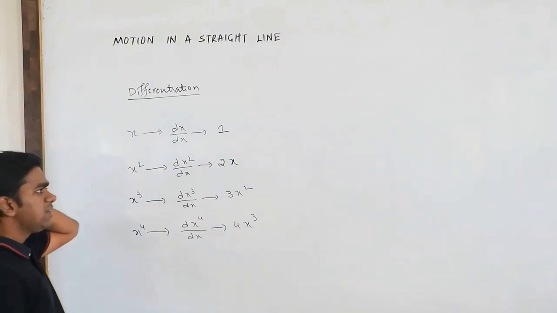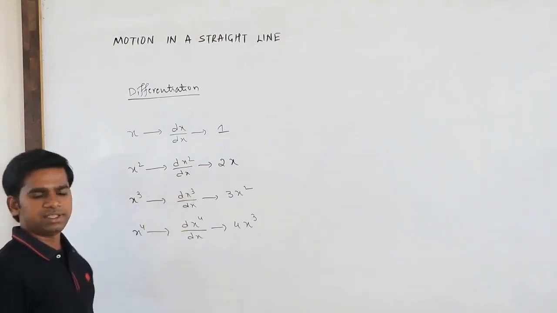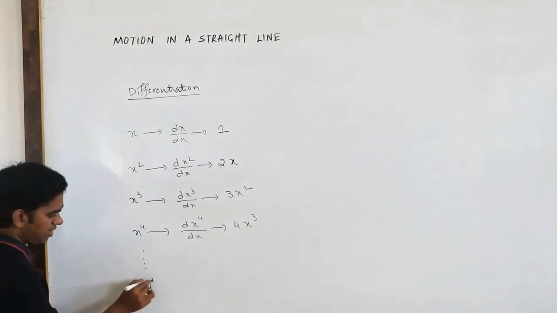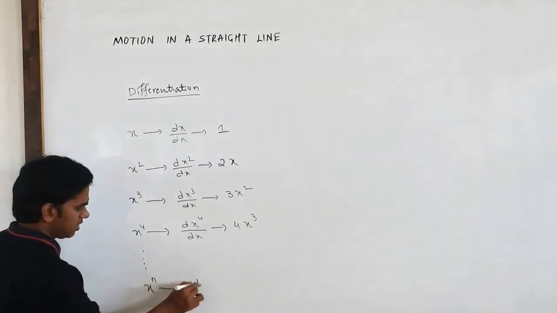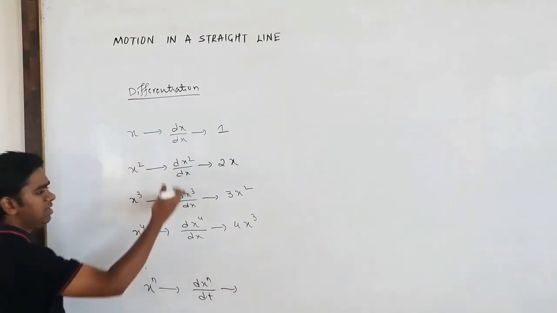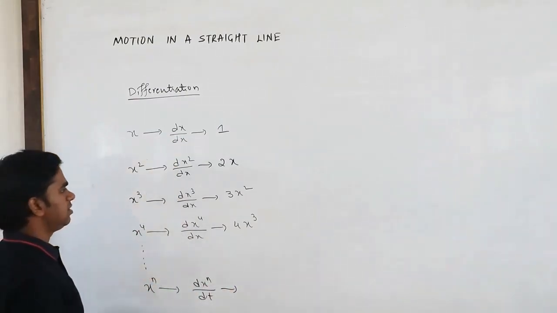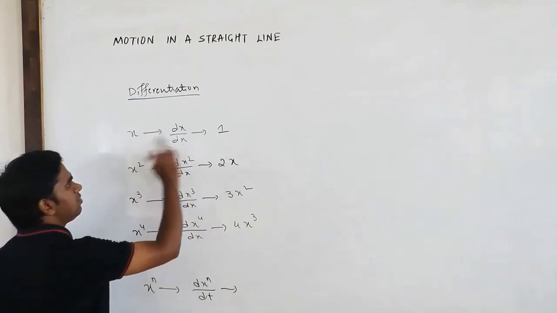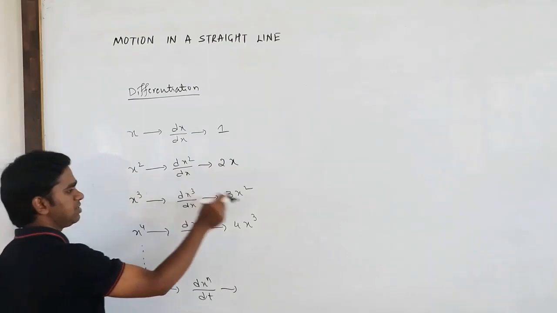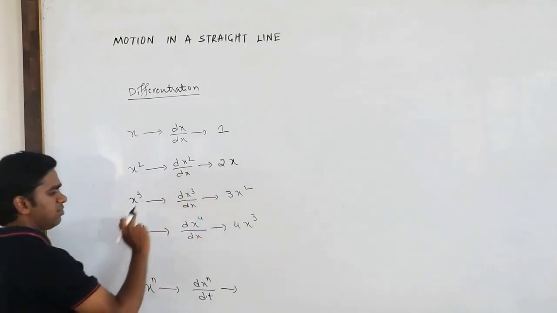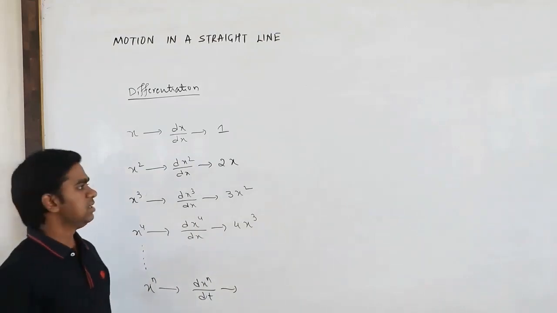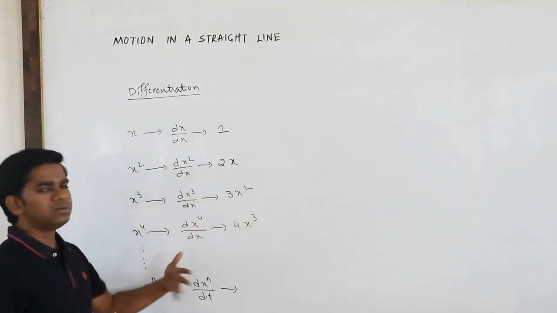What technique is going on here? I will give a general formula for this one. If I take differentiation of xn, d of xn divided by dx. No need to write this, I am just writing it to make you understand. Directly you can write: differentiation of x is 1, of x square is 2x, of x cube is 3x square, of x4 is 4x cube, and of xn you may have 1, 2, 3, whatever.